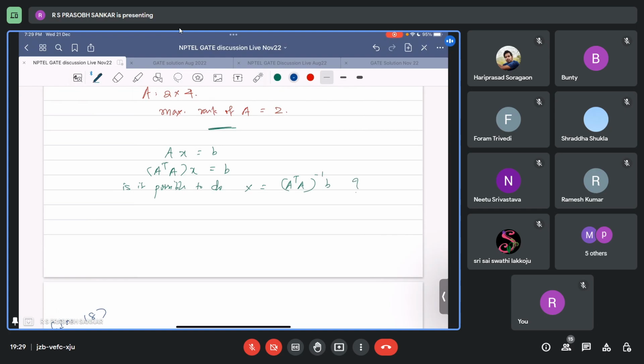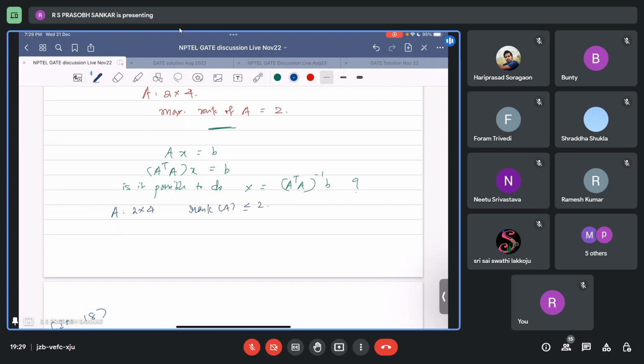We have A transpose A. Can I just find the inverse of A transpose A, take it to the other side and get x? That's the question. Now, the main thing here is that A is 2 cross 4, right? So the rank of A is at most 2. We don't know.